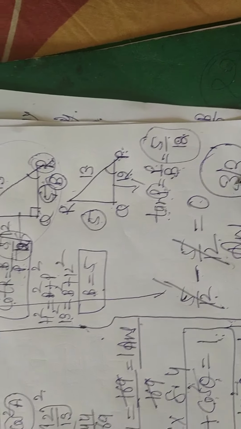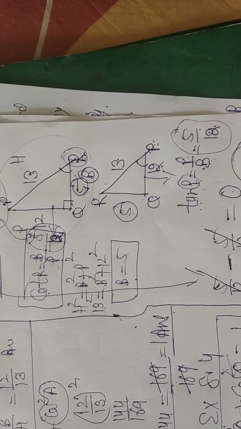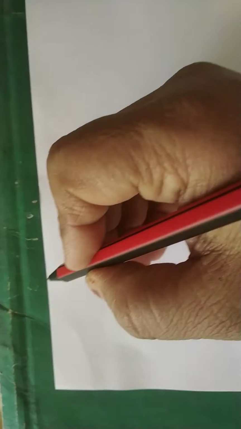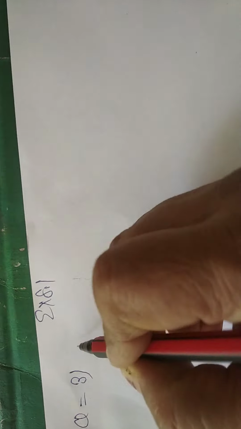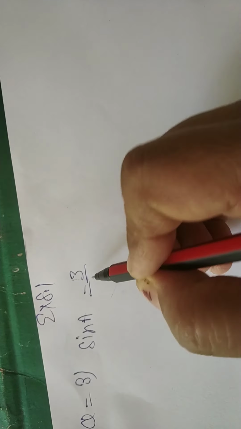So now move to the question number 3 of exercise 8.1. It's given that sine A is equal to 3 by 4.